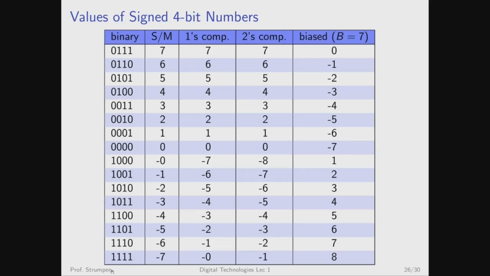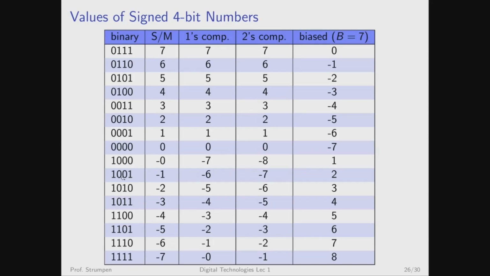And the negative numbers in the sign magnitude system grow down, right? You interpret 1, 0, 0, 0 as a negative number with magnitude 0, so this is a negative 0.